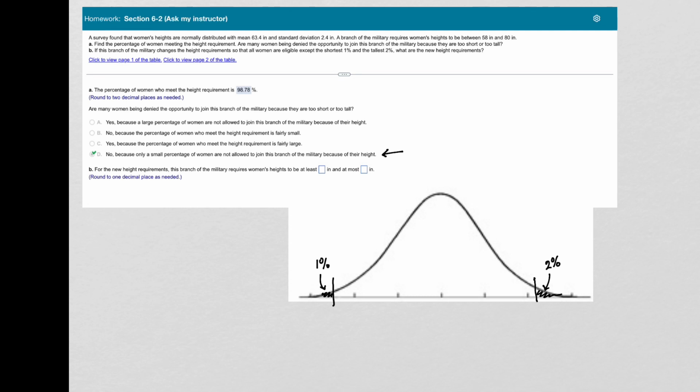So how do I determine what the value is here? Now we have the area and we want to find the height that corresponds to being taller than the bottom 1%. So what we'll do is the reverse of what we just did. Instead of using the normal CDF function, this is going to be the inverse norm.